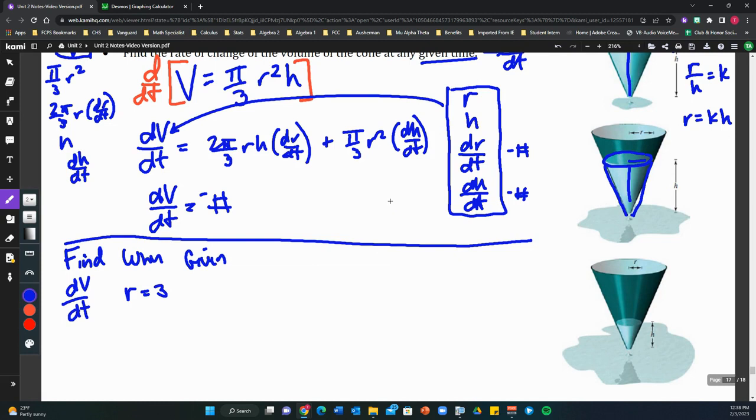If I really want to calculate the change in volume, I have to be told one of these rates of change. So let's say that I tell you dr dt is equal to -2 inches per minute.